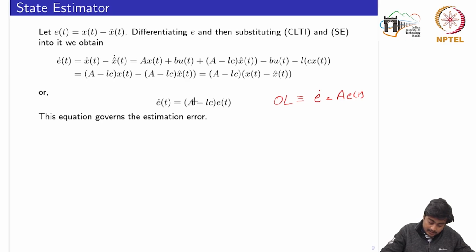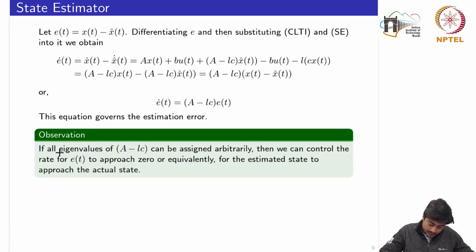And this is the closed loop estimator, where this A matrix is now modified to A minus L times C. So it says that if all the eigenvalues of A minus LC can be assigned arbitrarily, then we can control the rate for e of t to approach 0 and equivalently for the estimated state to approach the actual state. We only need to ensure that the eigenvalues of A minus LC are on the left hand side.